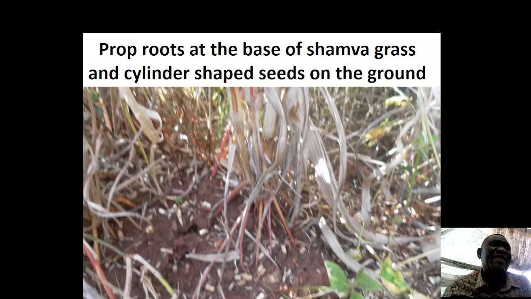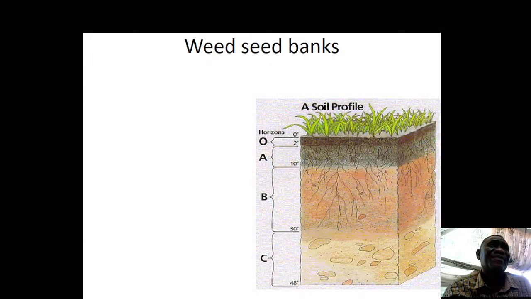At the base you can see, probably, the seeds which are scattered after shedding. Now the weed seed banks are near the soil surface. If you dig the soil deep down, you may not find any weed seeds.